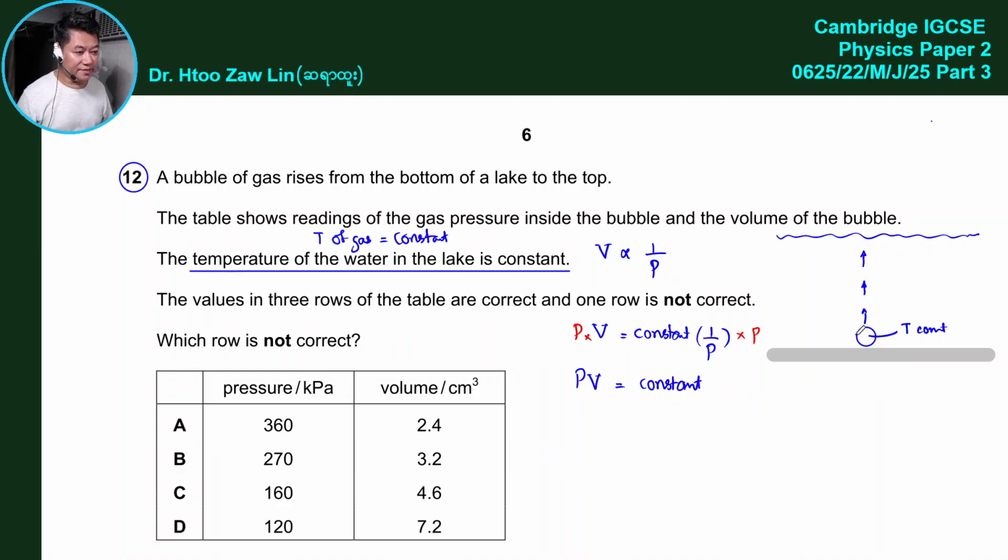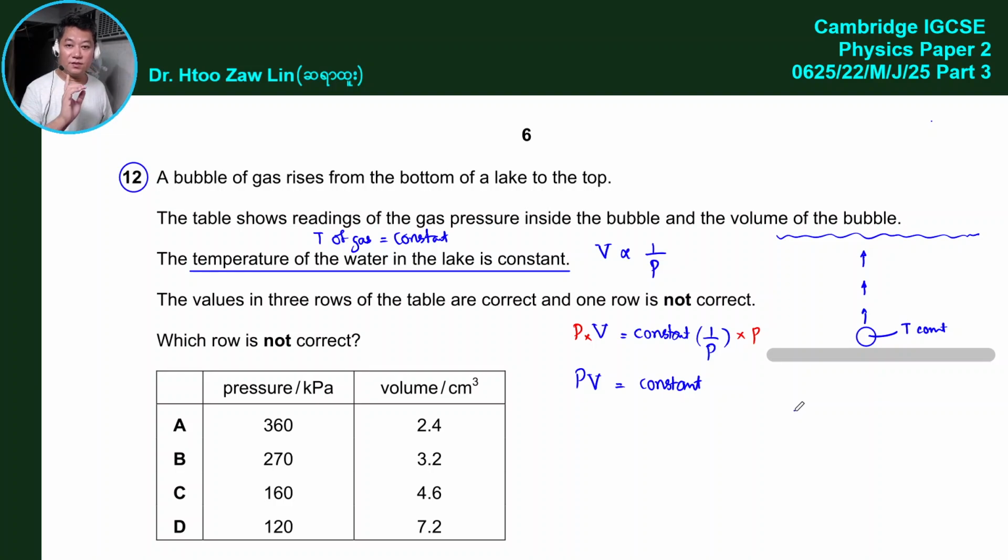So the gas inside the bubble must obey this relation. If you multiply the pressure of the gas inside the bubble and the volume of the gas inside the bubble, you will get a constant. So a constant temperature gas must obey this relation. Pressure times volume always gives a constant.